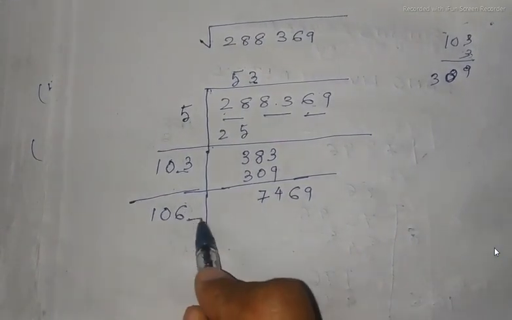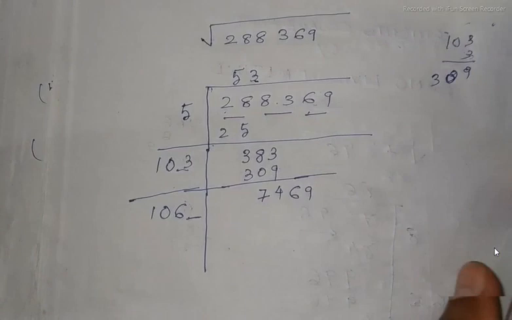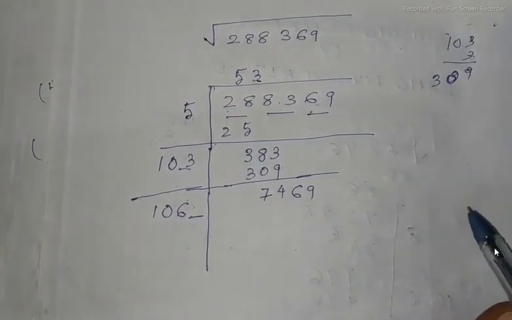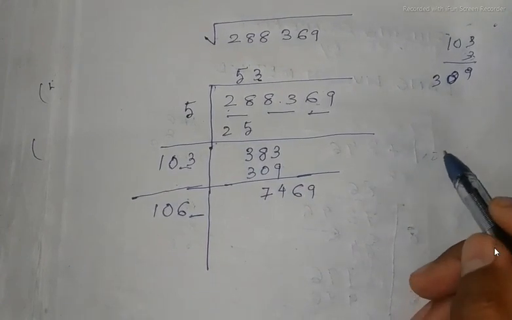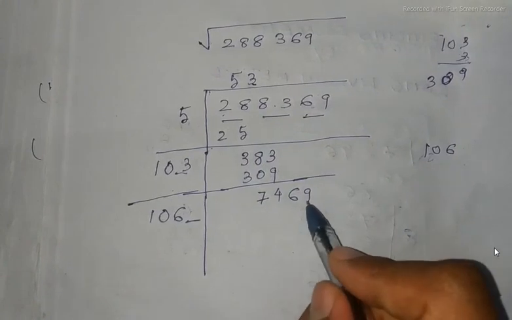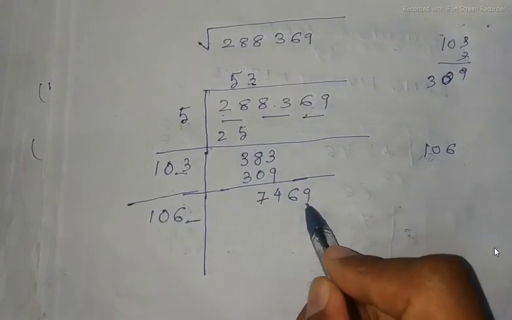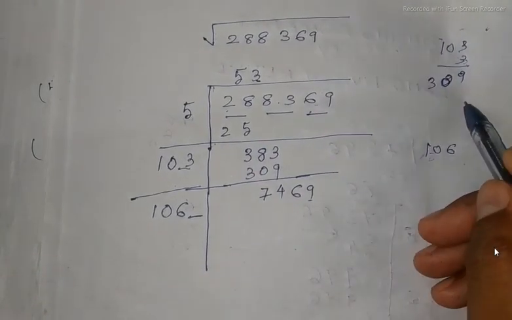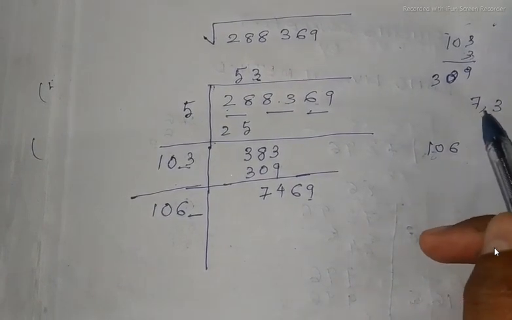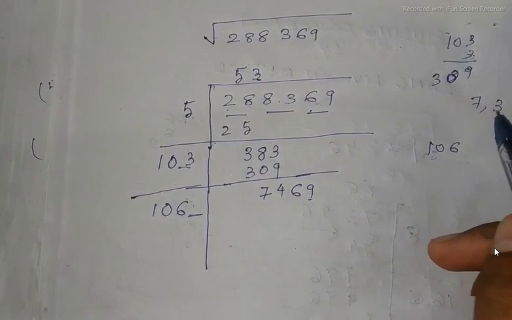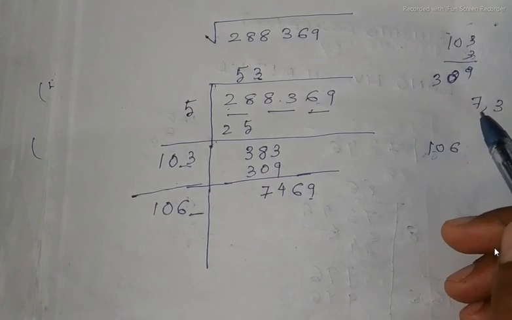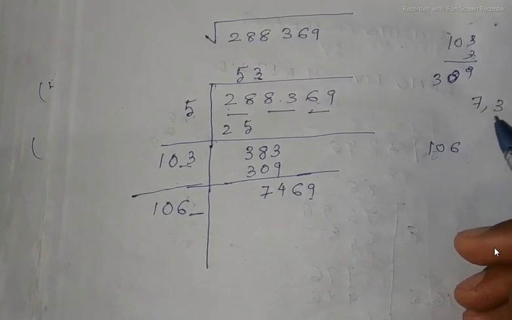Here we have to take one digit. 7469. Since the unit digit is 9, I will try it by 7 and 3 only, because these are the only two square numbers which end with 9.